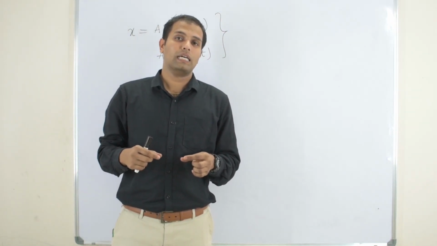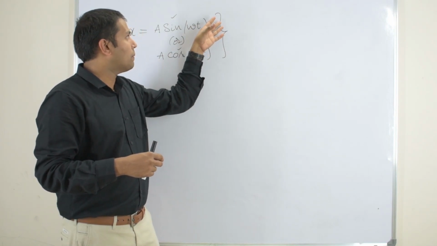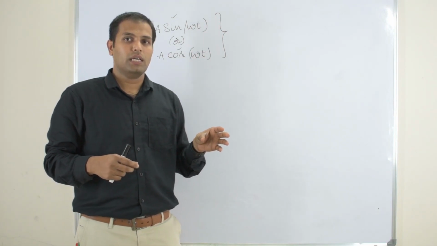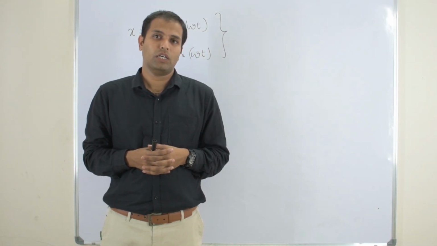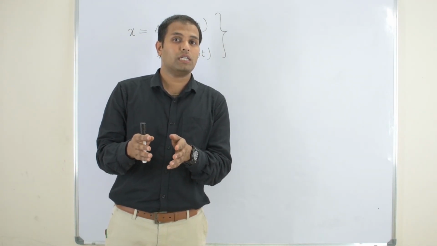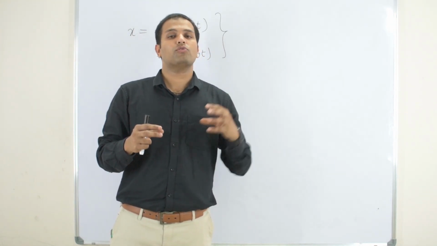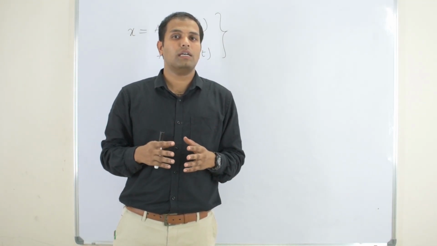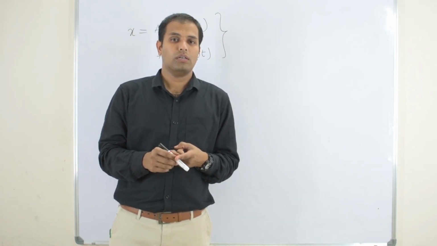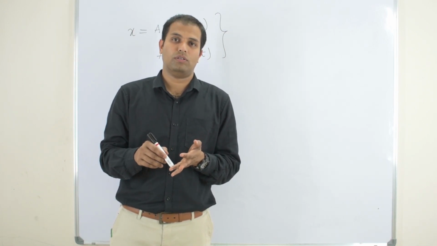Whenever you are defining something mathematically, you require some mathematical functions for that. Those mathematical functions have to match your theoretical definition. What is your theoretical definition? A motion has to be repetitive in nature and periodic in nature.